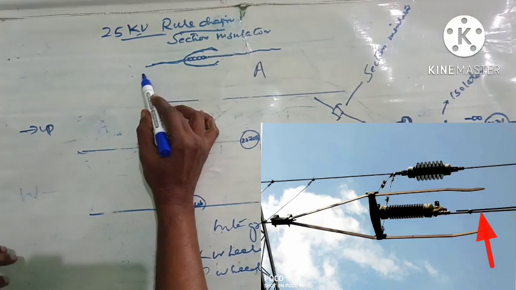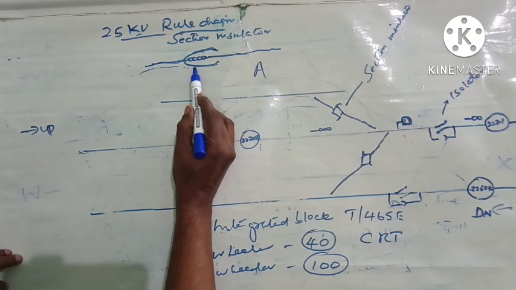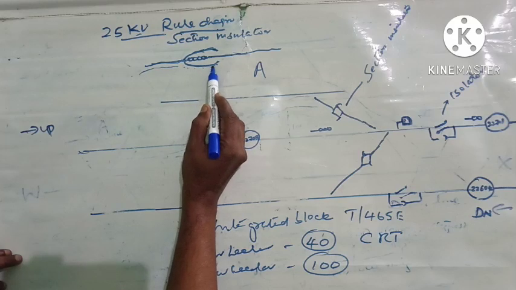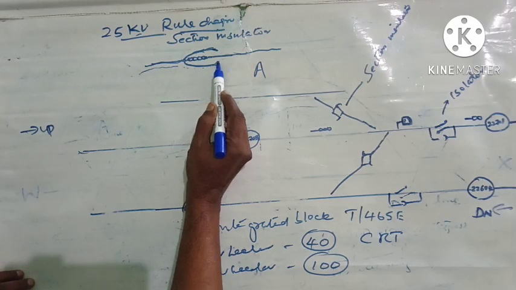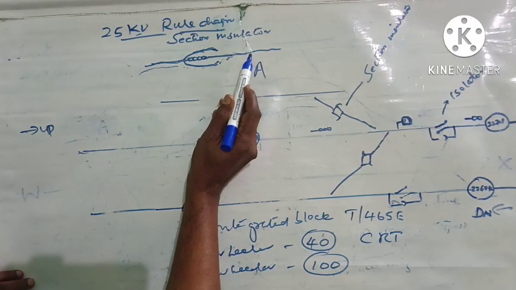While the pantograph is moving below this line, on reaching here, it will touch the runner, hence the pantograph will be getting power. As soon as it reaches here, the pantograph will shift to this line. Again, from this line it will get power.